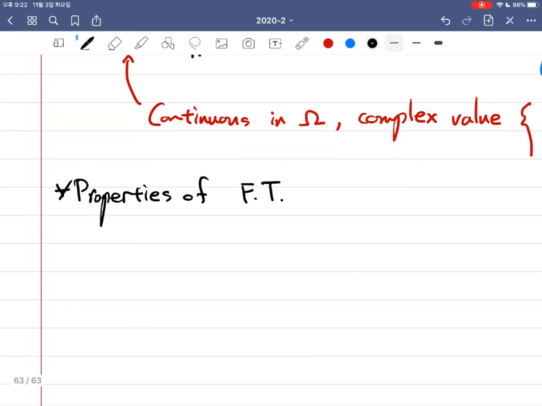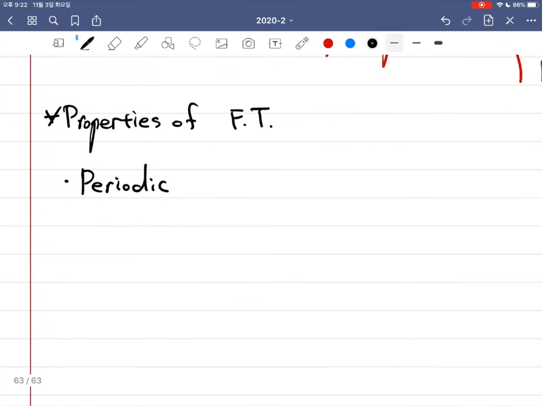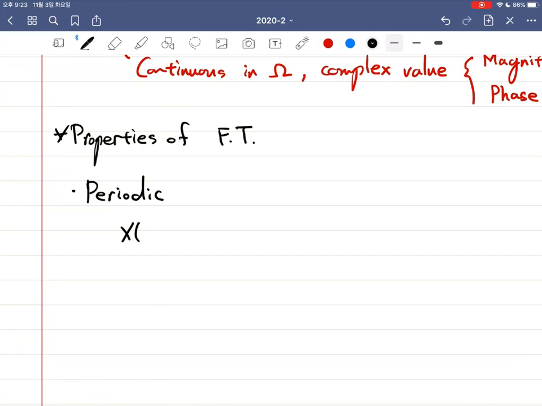The first property is periodicity. It's a periodic signal, which means I can represent X of omega by X of omega plus 2 pi m, where m is an integer.